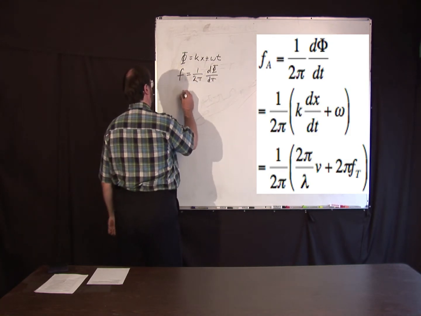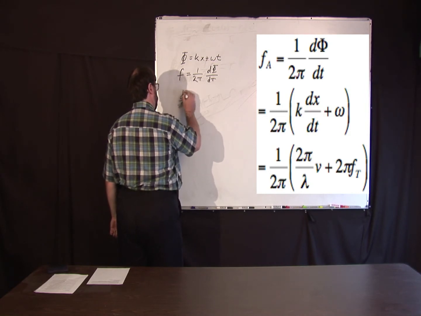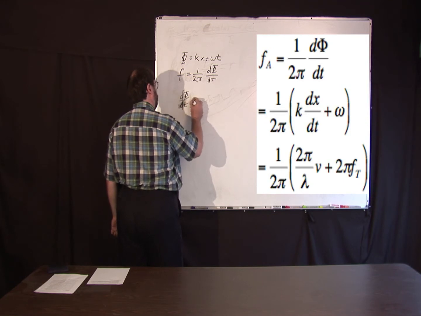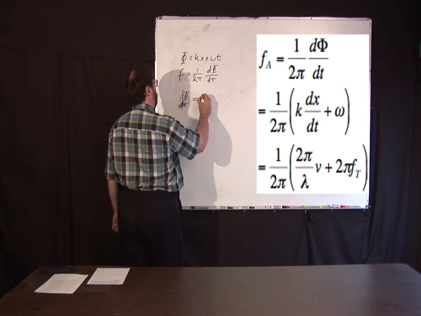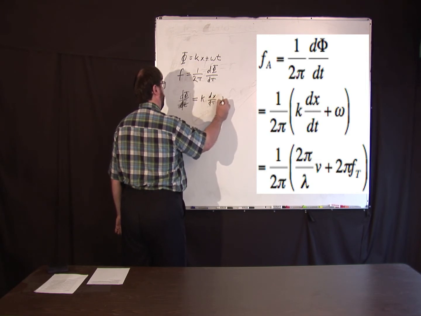So dphi dt is equal to k times dx dt plus omega.